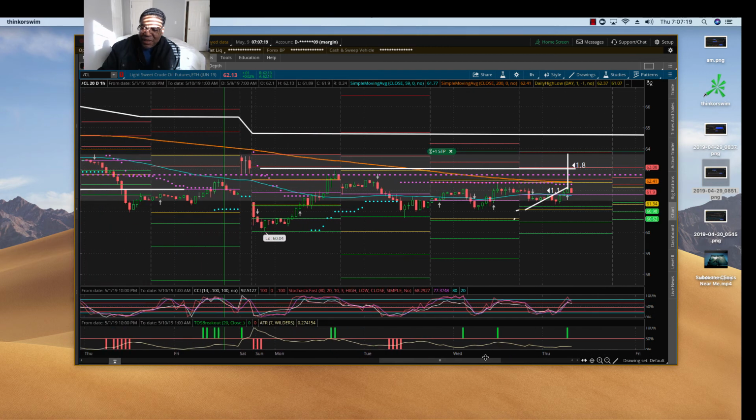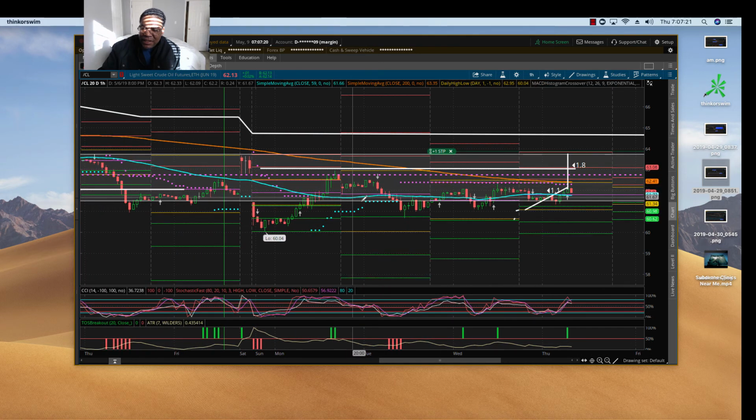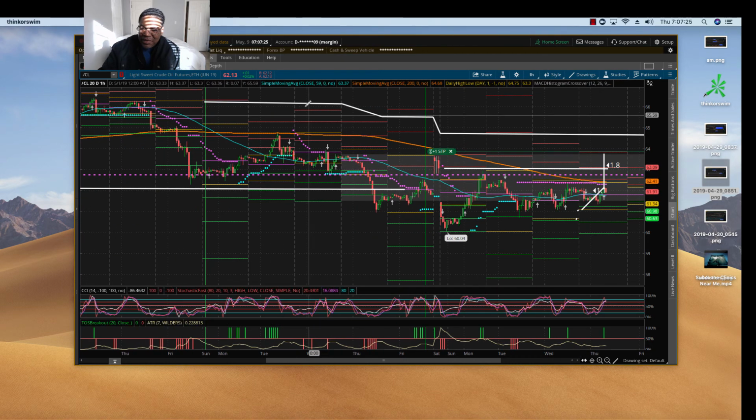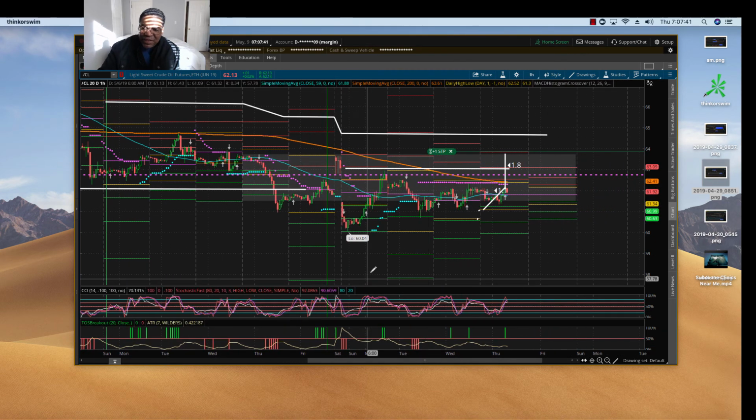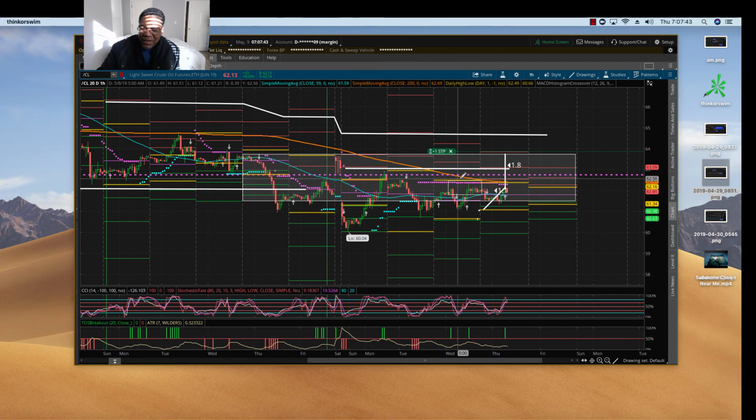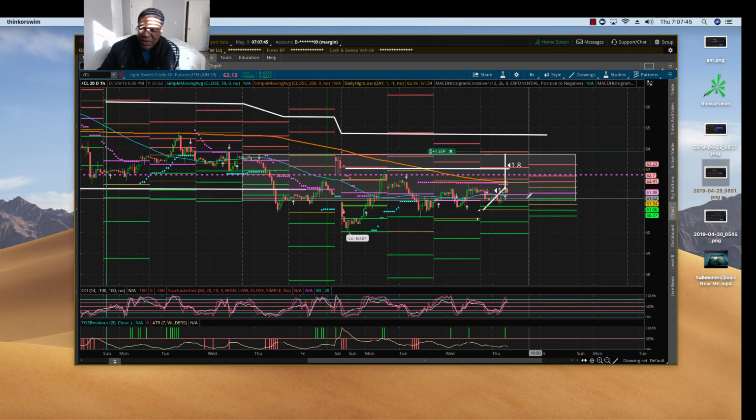Right now, the market is kind of in a consolidation phase. We broke support here, right? Broke the support level here. And that was like a $4 move between here and here. And usually when the market makes that kind of move, it goes into a rest phase, or consolidation phase, where it's moving sideways.